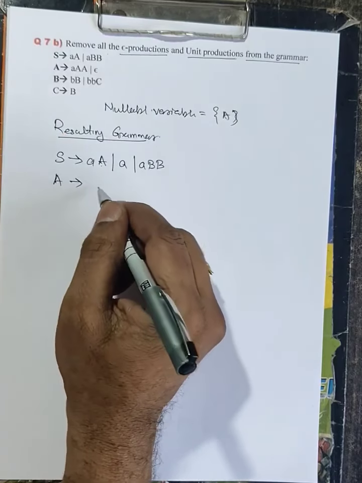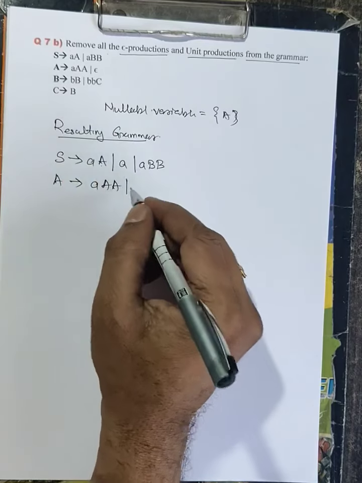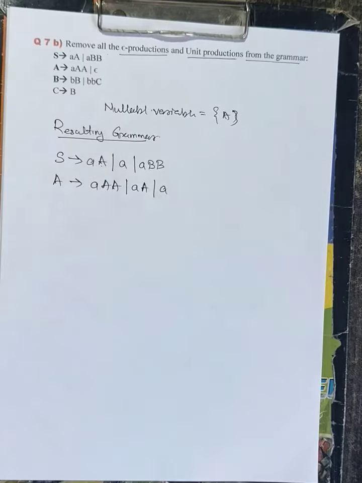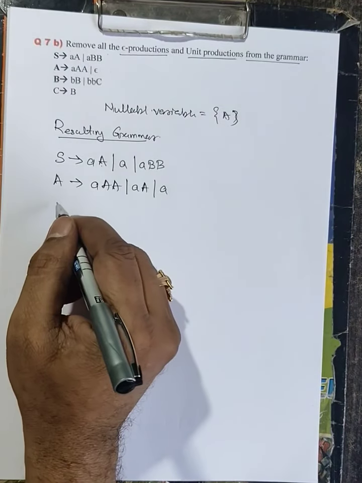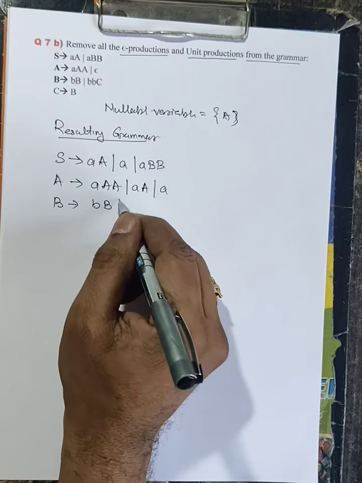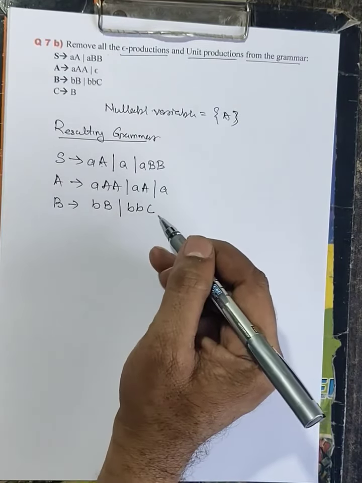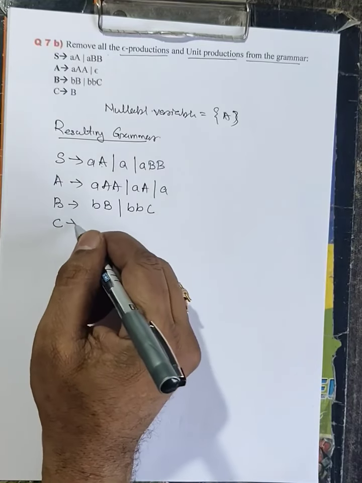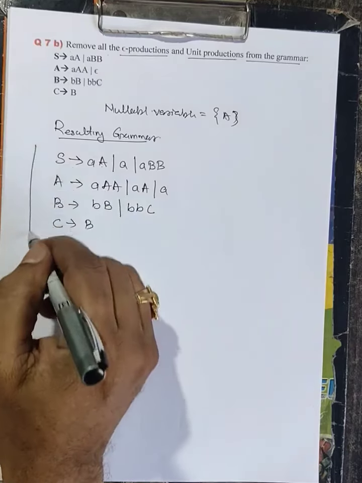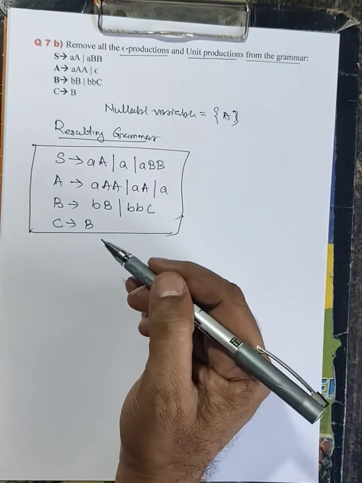Then A produces A; if any one A produces epsilon, it gives A, or both A produce epsilon. Next, B produces BB; B is nullable? No. Then BBC as it is. Next, C produces B. B is nullable? No. This is the grammar after eliminating epsilon.